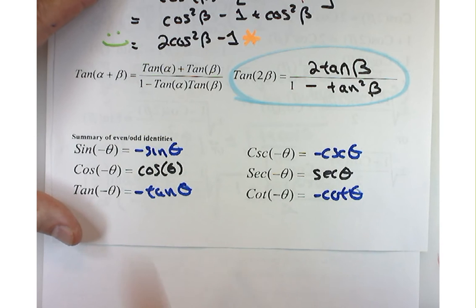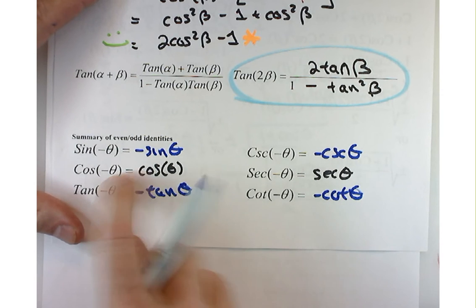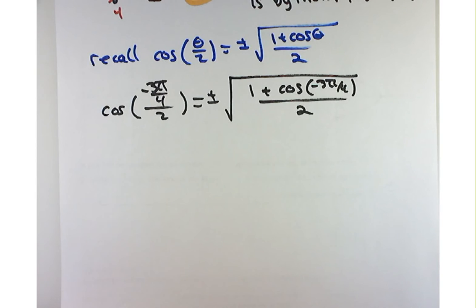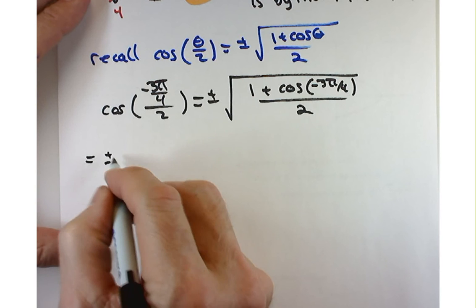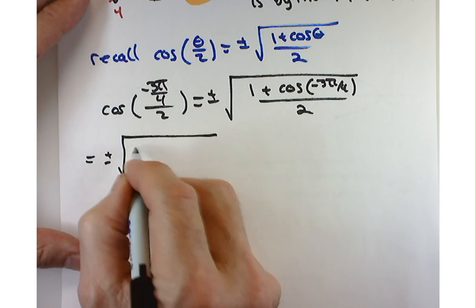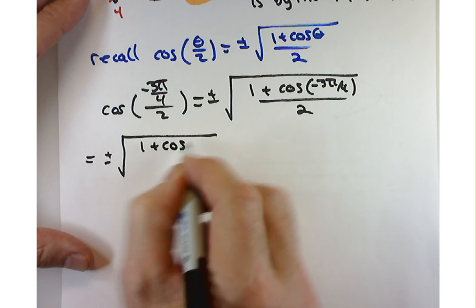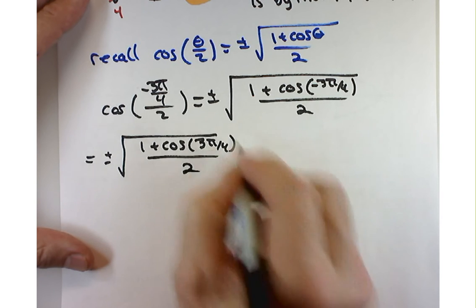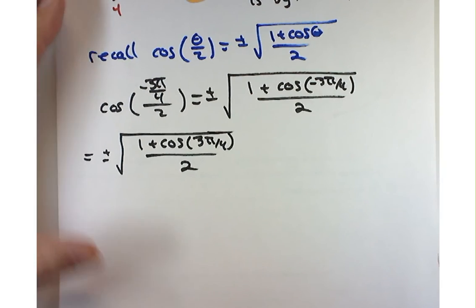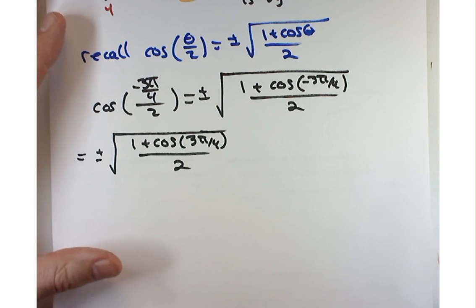So basically I'm just going to use this idea right here, just because it's convenient and just because we should practice it a little bit. So it's going to be plus or minus the square root of 1 plus cosine of 3 pi over 4. Okay.